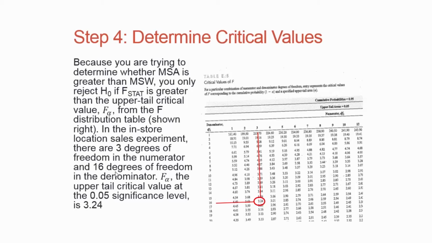The degrees of freedom for the denominator is rows times columns minus number of columns. Okay, so that gives us 16 degrees of freedom in the denominator. So we look at our table. Remember, you have to keep the denominator degrees of freedom on the left side and the numerator on the right side. So we get 3.24 as our critical value.